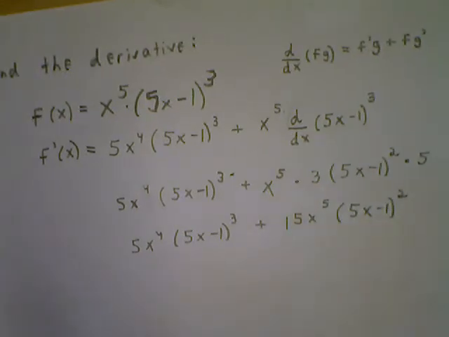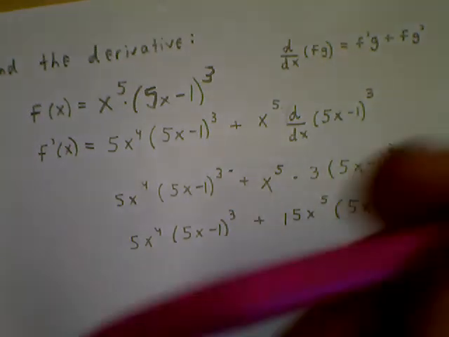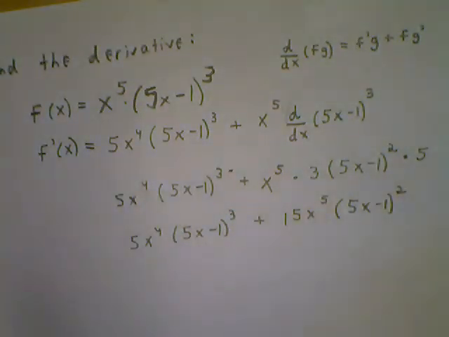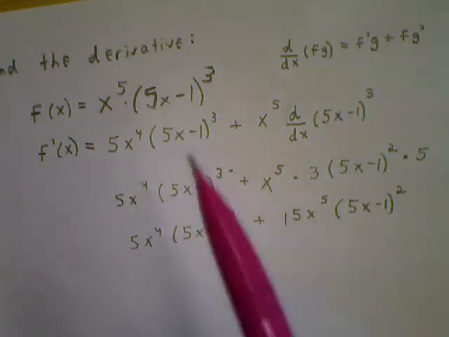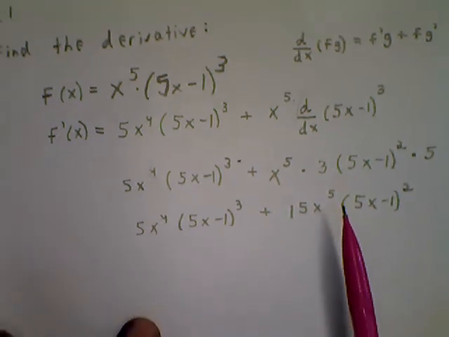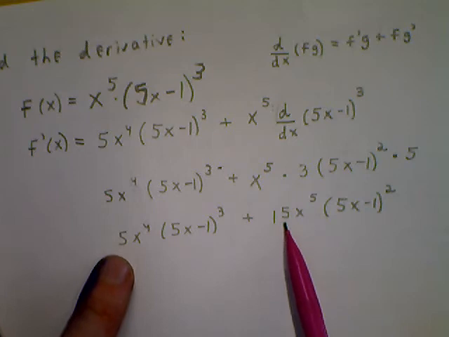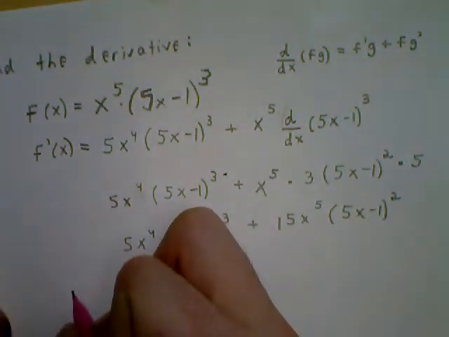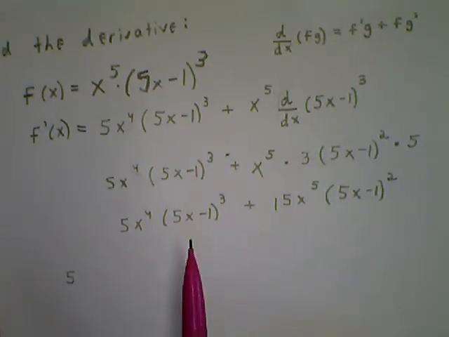All right, now this looks similar to what we just did in the background knowledge. So now to simplify this product rule all the way, I have to start factoring out common factors. First thing I'm going to do is look between the two numbers, 5 and 15. The greatest common factor is 5.